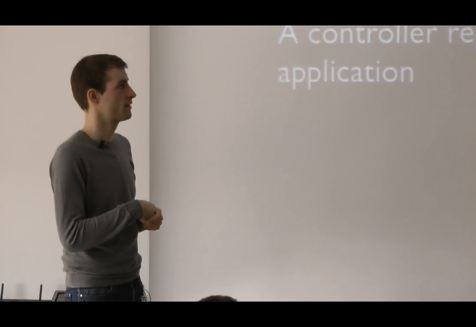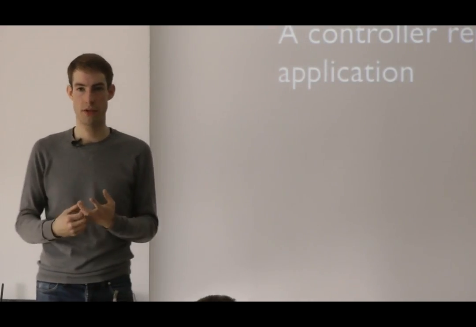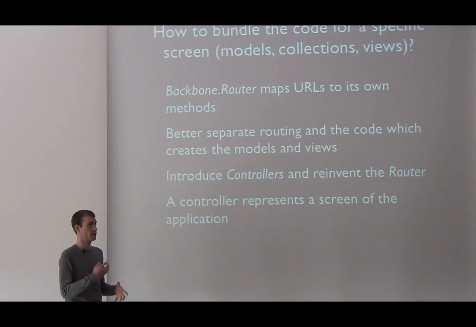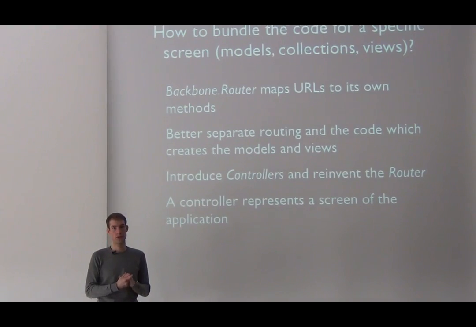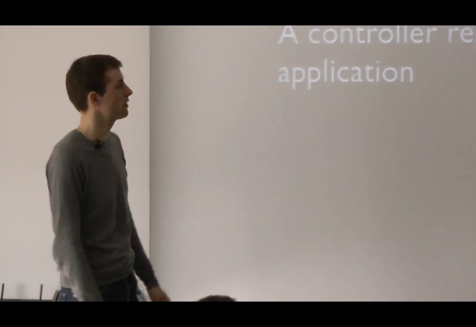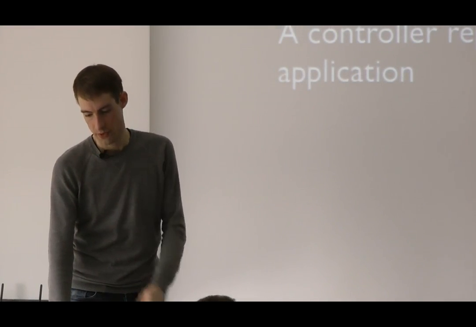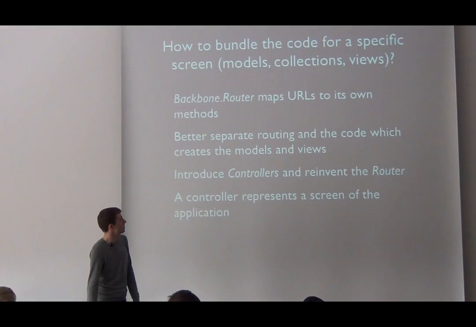For example, in Rails, you would do the same. In our model, a controller is responsible for one screen of the solution. So it creates the models and the views which are seen and which you can interact with on one screen of the application. So basically, how to bundle the code for a specific screen. Our answer is separate routers and controllers, so introduce controllers.